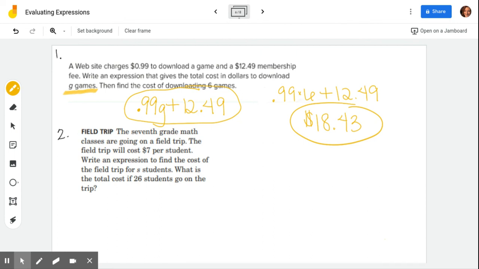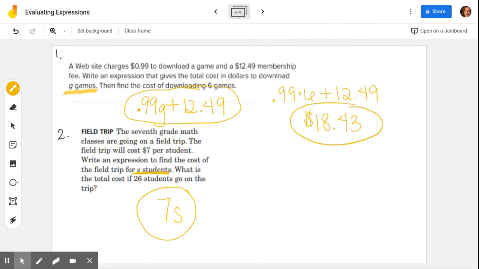So let's just call that, they told us to use S. I was going to say if they hadn't told us, let's use S for students or just a generic X, but it's going to be 7 times the number of students. So my expression is just a simple 7S. Don't put an equals with it. Don't put your answer. Just put 7S.